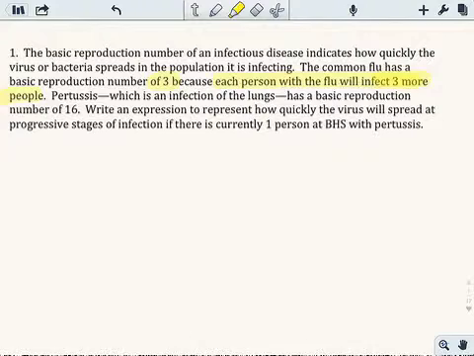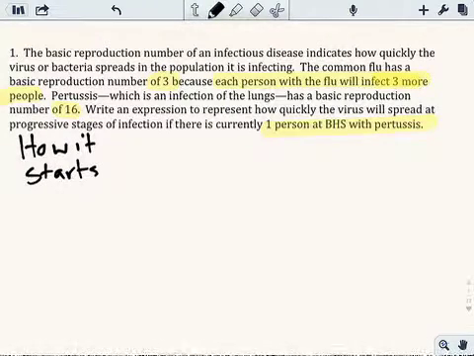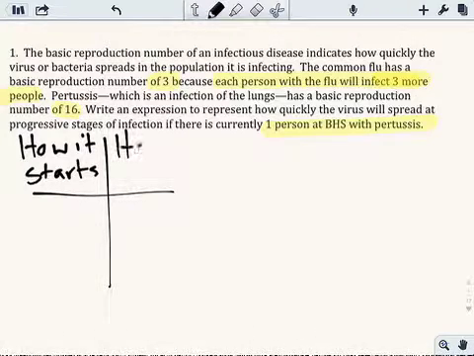Pertussis, which is an infection of the lungs, has a basic reproduction number of 16. Write an expression to represent how quickly the virus will spread at progressive stages of infection if there is currently 1 person at BHS with pertussis. Pertussis is also called whooping cough, so I'm going to use the same thing here: how it starts, how it changes.